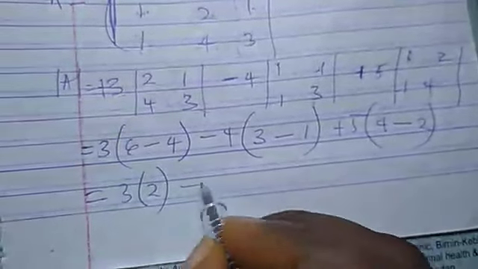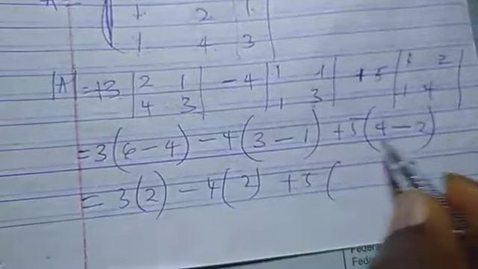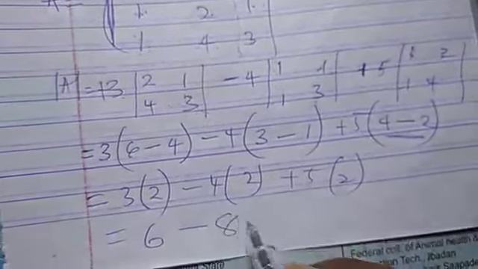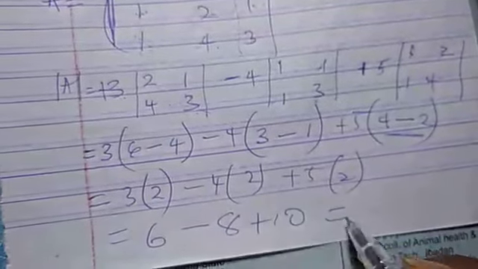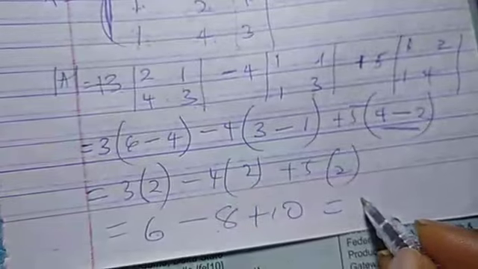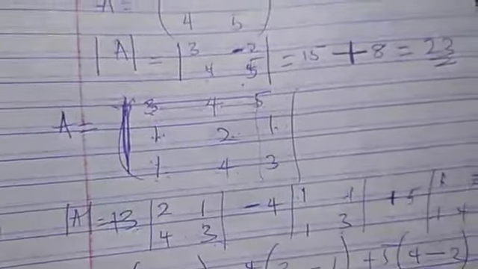So our answer is 3 into 2, minus 4 into 2 as well, plus 5 into 2. So this will give me 6 minus 8 plus 10. That is 6 minus 8 is minus 2, plus 10, that is 8. So that means 8 is the value of this determinant.